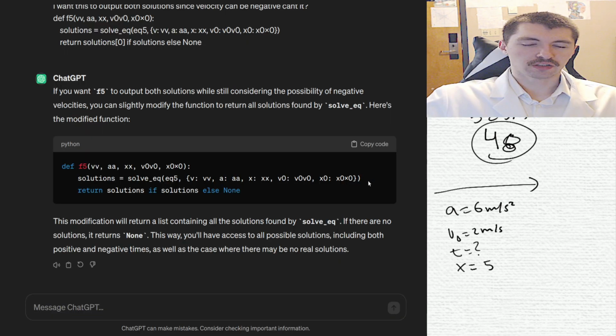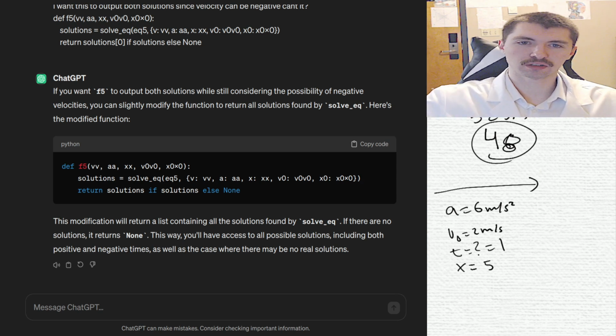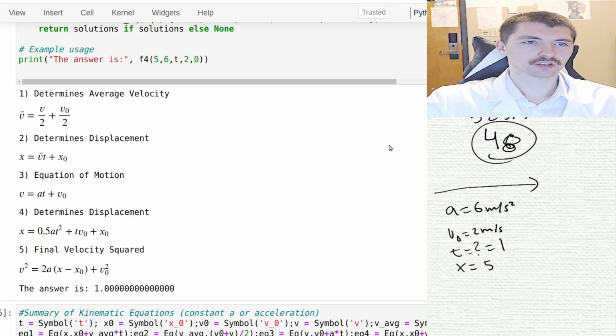So 1 second. So it does this in 1 second. Right, and I think they wanted the velocity as well. So now we know 1 second, so it's going 6 times 1 plus 2 equals v, so it's going to be 8.